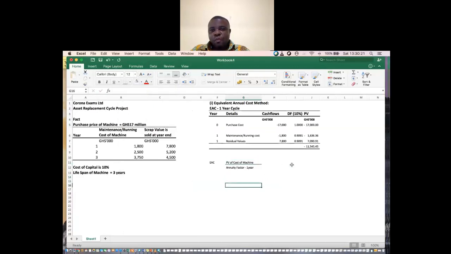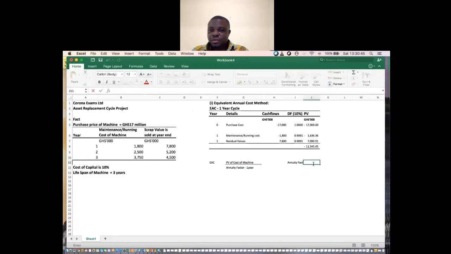Now, how do we determine the annuity factor? What is the formula for annuity? Present value of annuity. What's the present value of annuity?